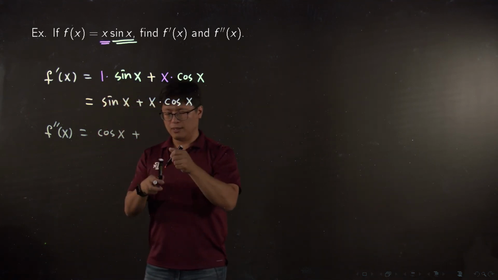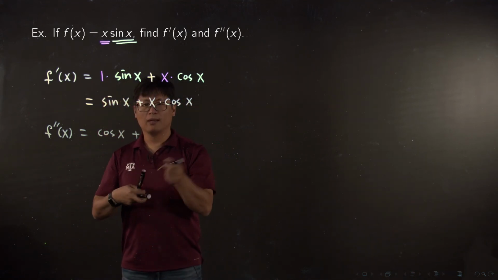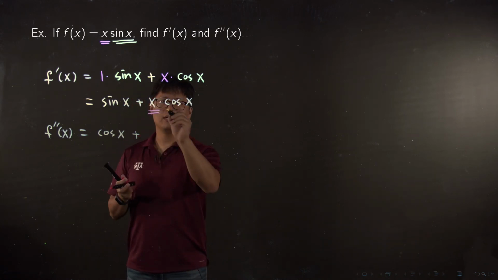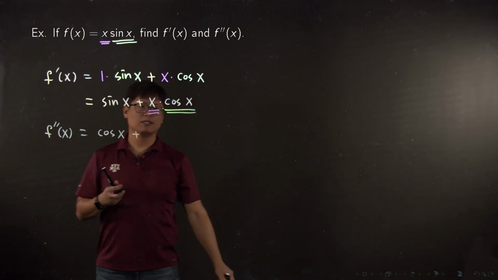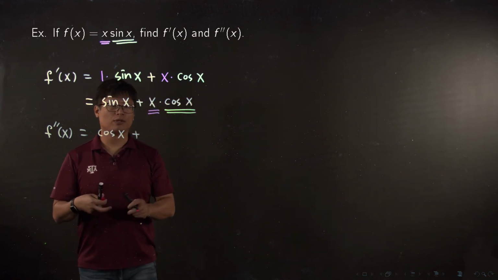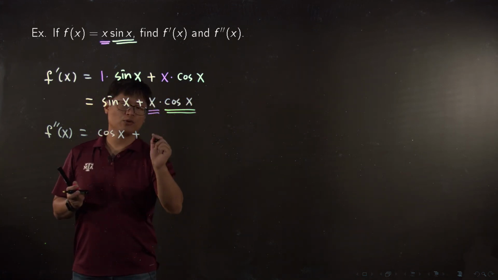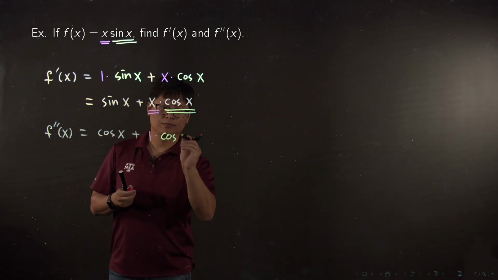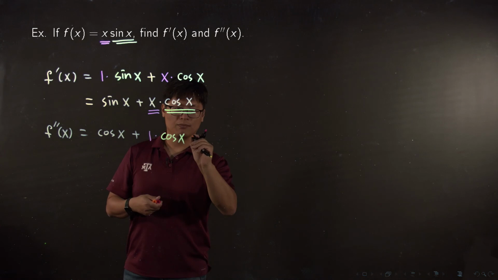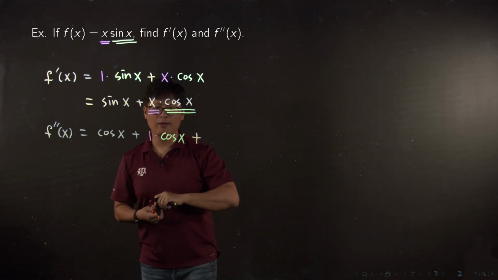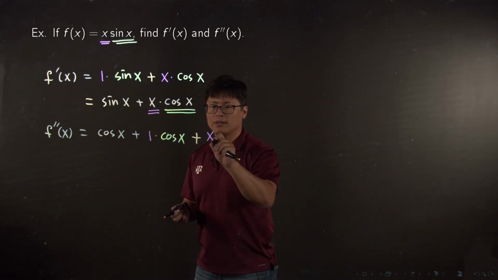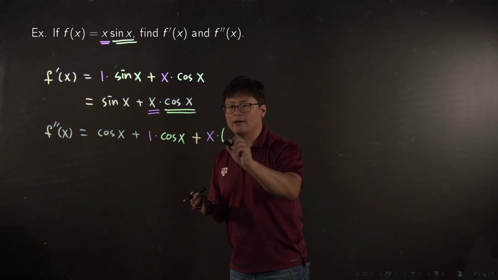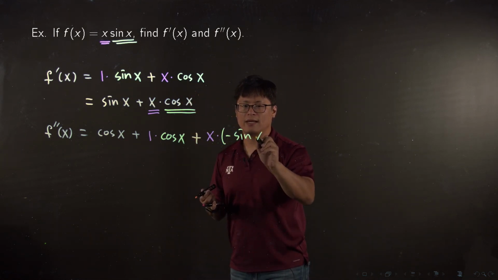What about the second term? Let me do the same thing. Let me use a red one for the first term and this color for the second term. So let's do the product rule again. First term prime times second function, plus, because that is a product, the first one times the second prime. Be careful, cosine x prime is negative sine x.